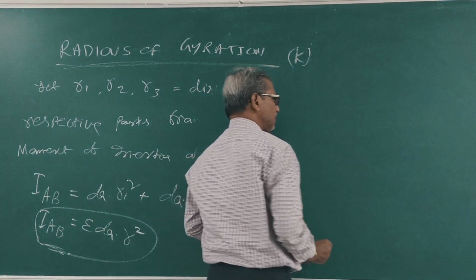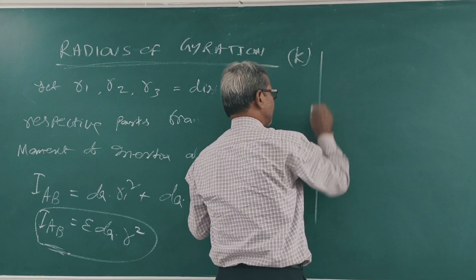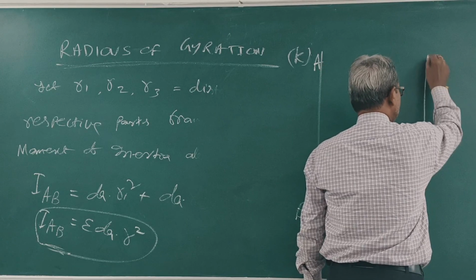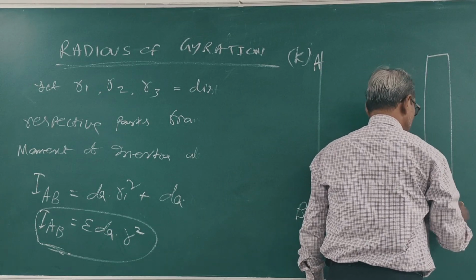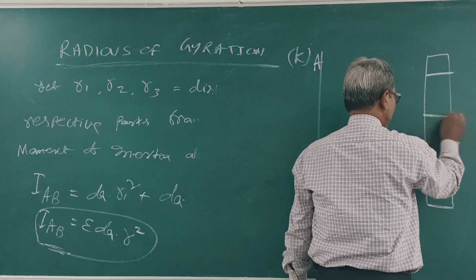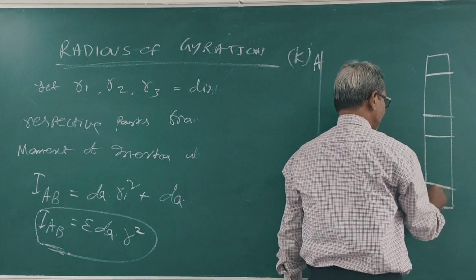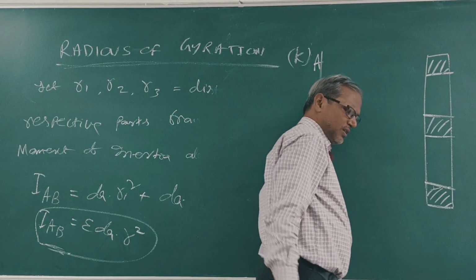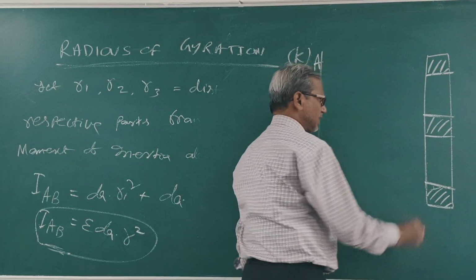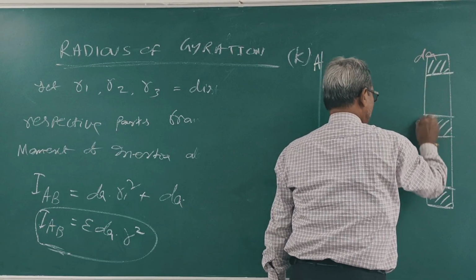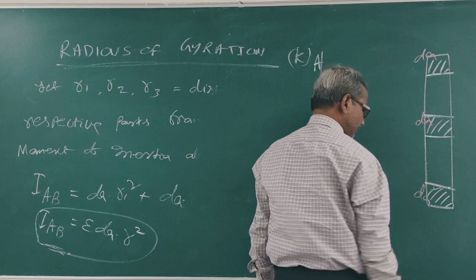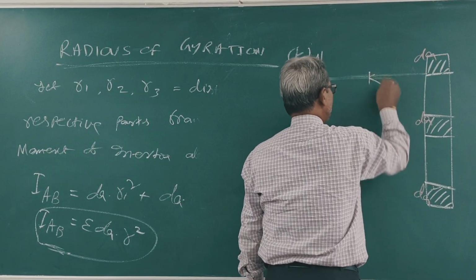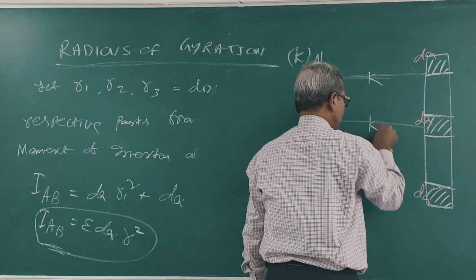Suppose this is axis AB, and this is dA, each area. This area dA, this area dA, this area dA. The distance k, distance k, distance k.